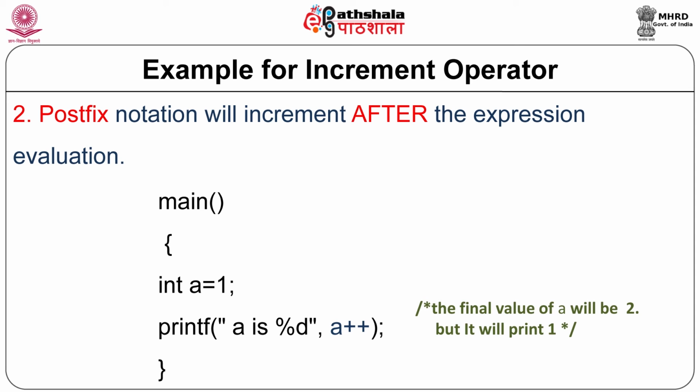Using this, final value of a will be 2, but it will print just 1, because you are using postfix increment operator, means after this printf statement is executed, then value of a will be incremented. But in printf statement that value is not incremented. Therefore, this program will print just a equal to 1 or result 1.